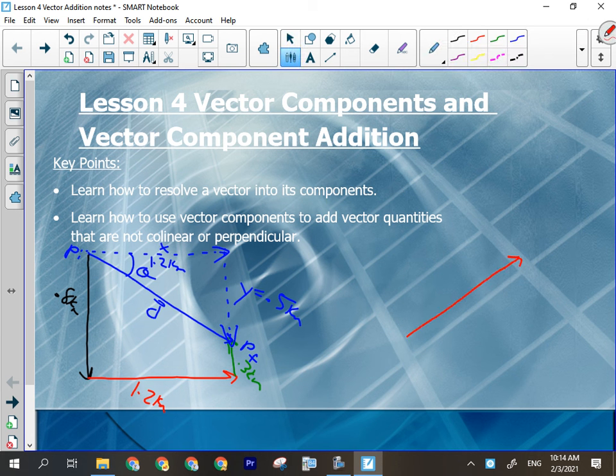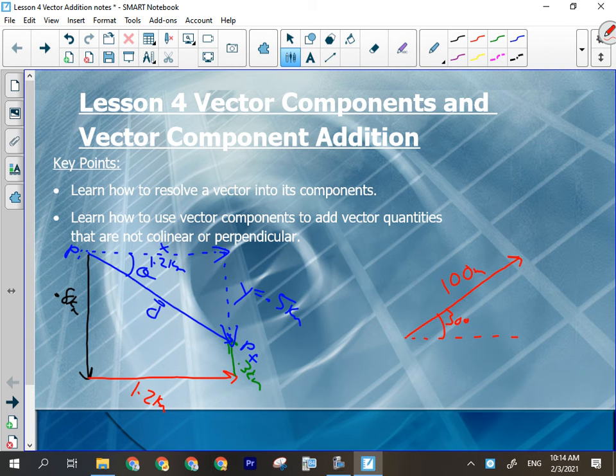I'm given this vector. I'm told that it is, let's say, 100 meters long and angled at 30 degrees above the horizontal. If I follow that line, I go somewhat to the right and somewhat up.